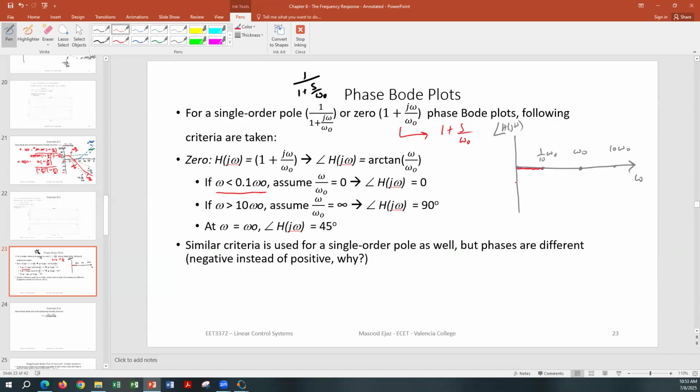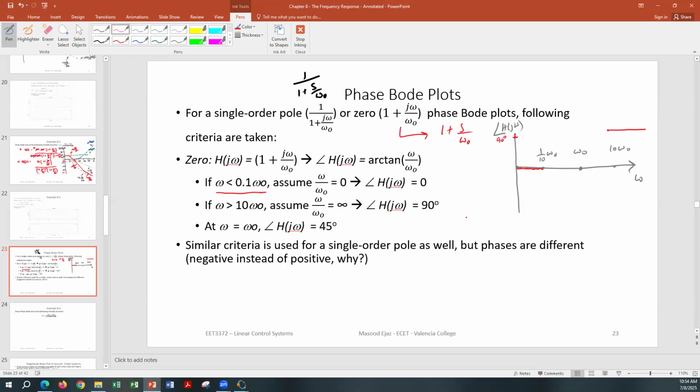And if the frequency is more than 10 times omega naught, we assume that omega over omega naught is very large. And arctan of a very large number, of course, is 90 degrees. So for any frequency more than 10 omega naught, we assume that the phase angle is going to be 90 degrees. Eventually, it's going to hit there.